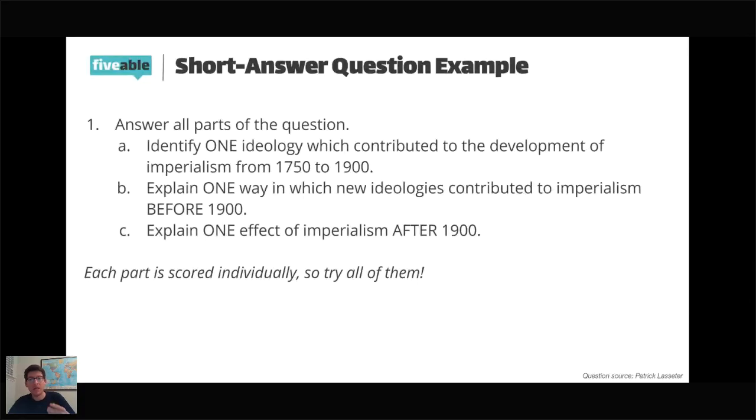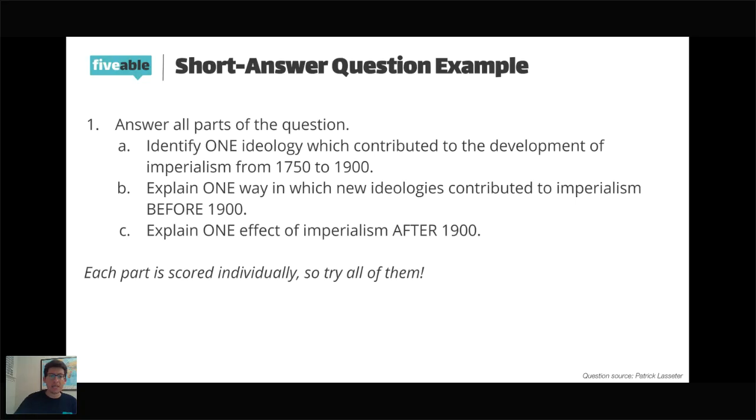It might be social Darwinism. It might be missionary ideology, Christian missionary ideology. All you would have to do is say social Darwinism contributed to the development of imperialism. You might define social Darwinism, but you don't have to explain that process, because that word identify is all you need to do.